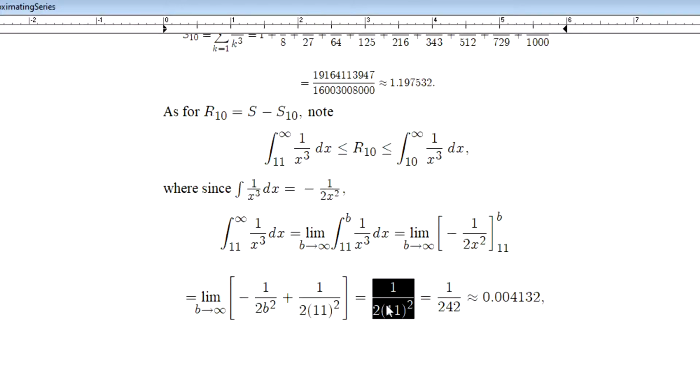Well, 11 squared is 121, times 2 is 242, and we're left with 1 over 242, or about 0.004132 in value. What remains after using this decimal 1.197532 to approximate s is going to be a value that is bigger than 0.004132, or bigger than 1/242nd.